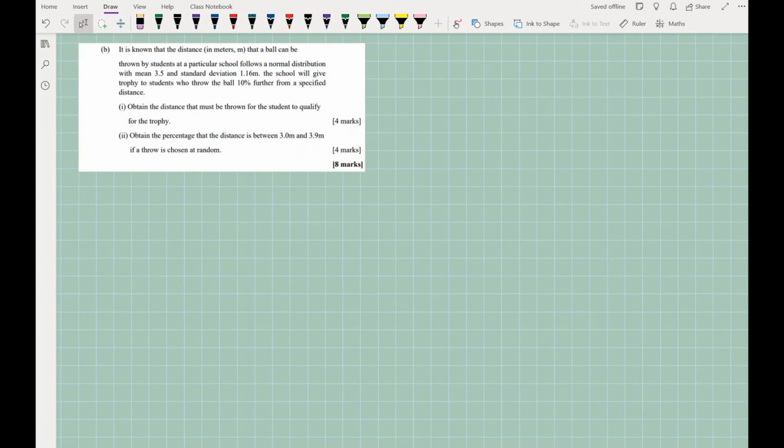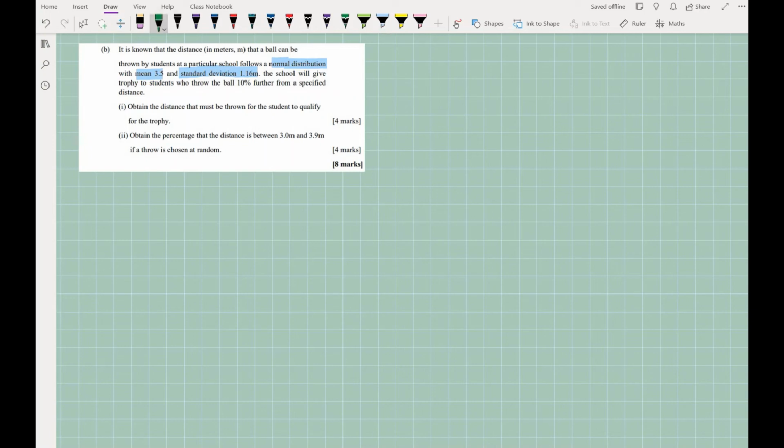So moving on to question 7b, it is known that the distance in meters that a ball can be thrown by a student at a particular school follows a normal distribution. So the keyword here sudah diberi, it's normal distribution. Okay, with mean adalah 3.5 and the standard deviation is 1.16. So the school will give trophy to students who throw the ball 10% further from a specified distance.